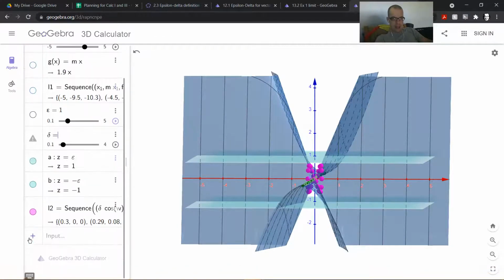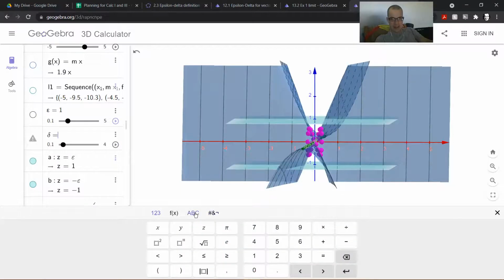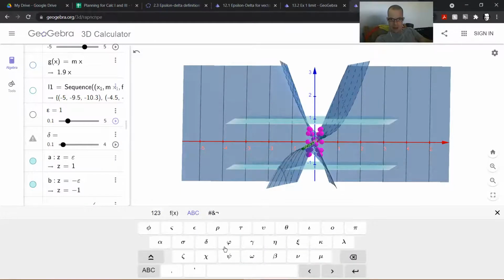Push a backspace, pull this out so that we can find an epsilon, divide that by 5, boom.